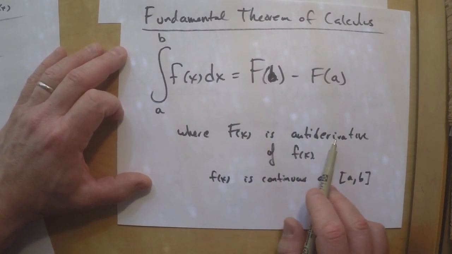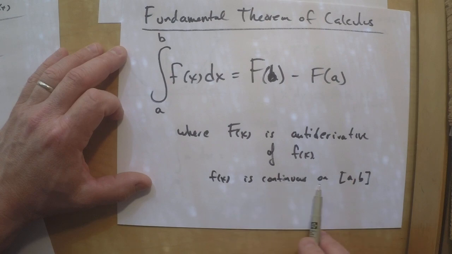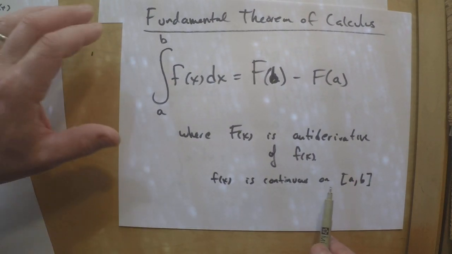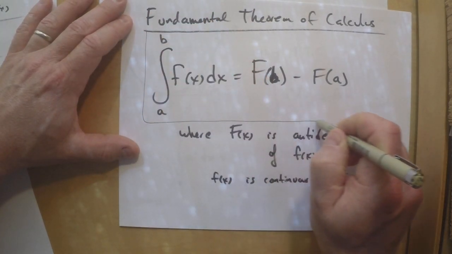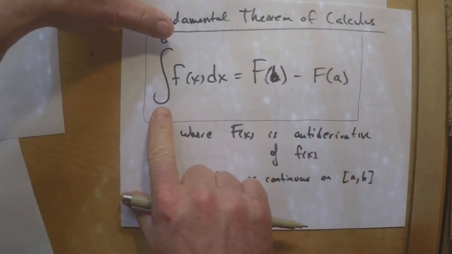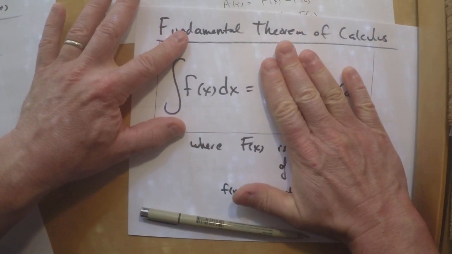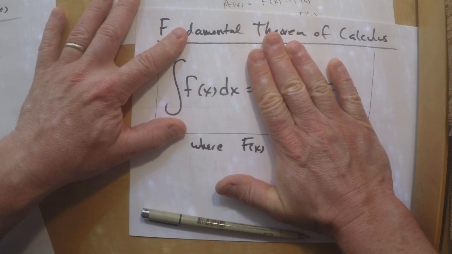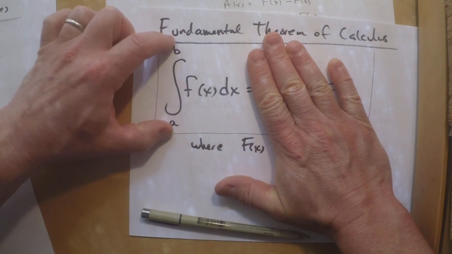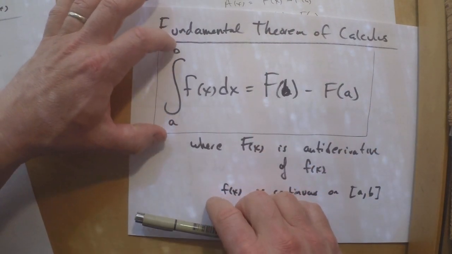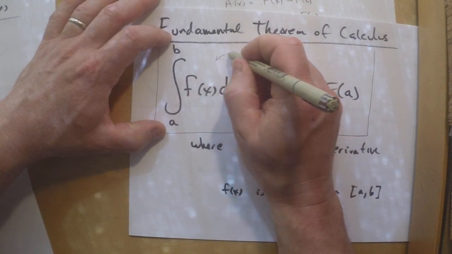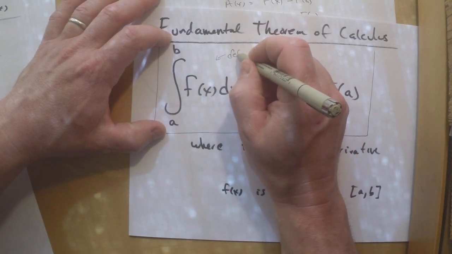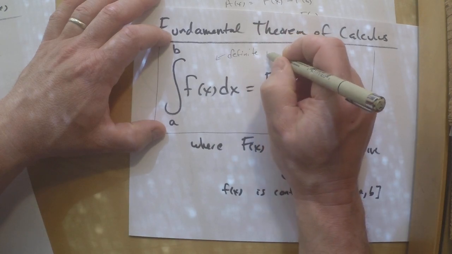Big F is the antiderivative of little f, and f is always considered to be continuous. So a lot of things are happening there. First of all, without the upper and lower limits, that would represent an antiderivative. If I throw upper and lower limits on this, this is called the fundamental theorem of calculus, and this is called a definite integral.